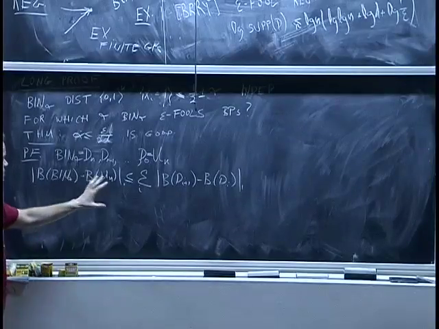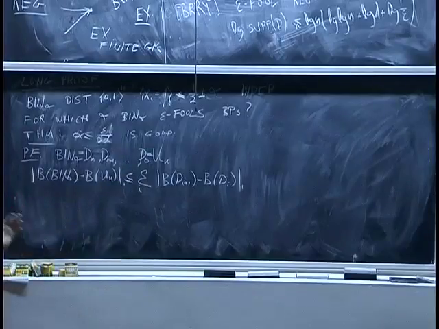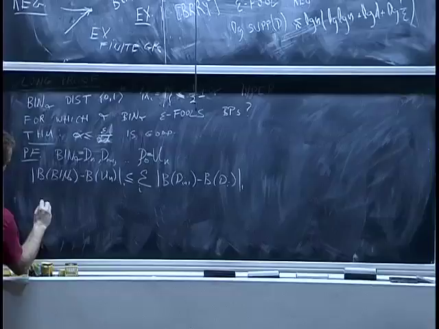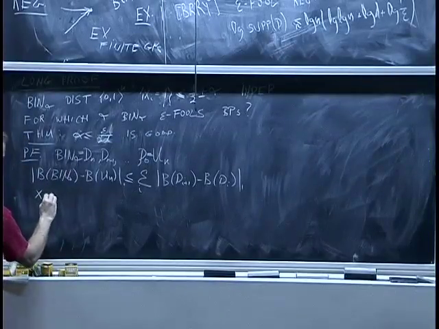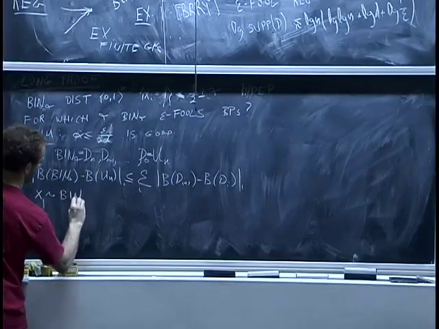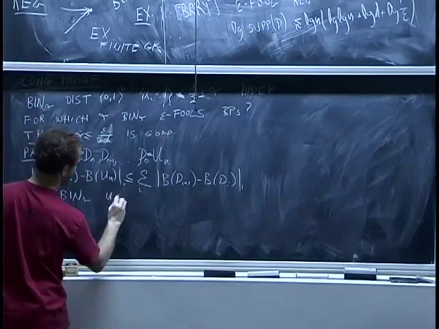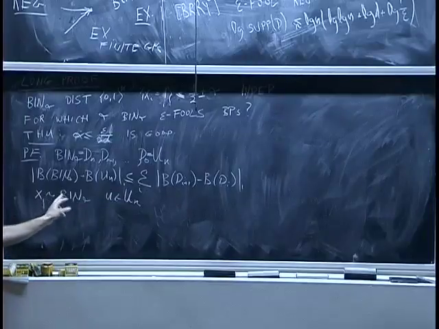So this is what we'll do. And now it remains to define this distribution, and we do it in a very standard way. In this construction, we'll choose x from the given distribution and u from Un. These two strings we'll choose independently.